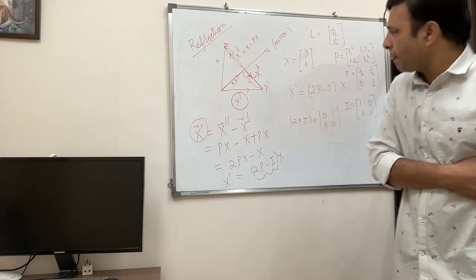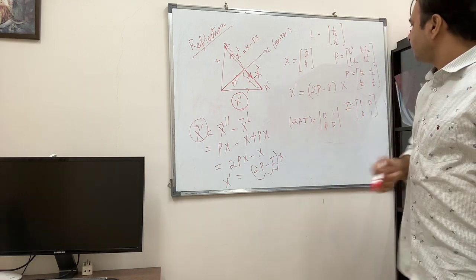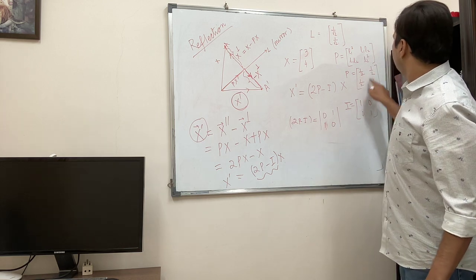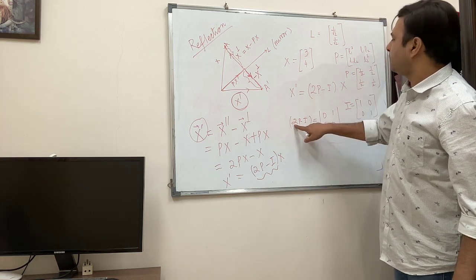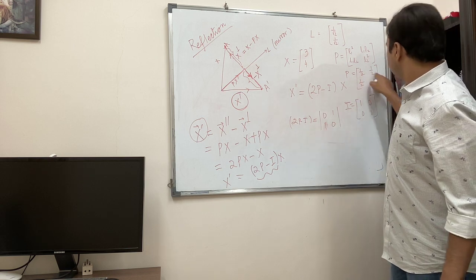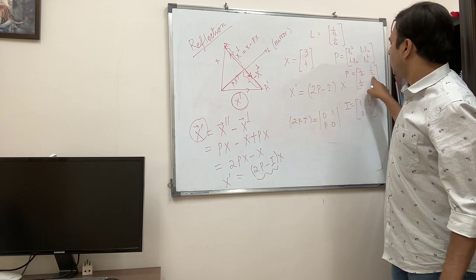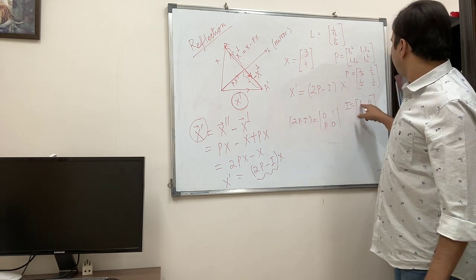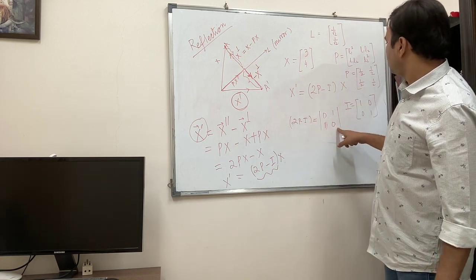Do we see that? If you do 2p, it will be 1, 1, 1, 1. If you multiply a matrix by a number, everything gets multiplied by that number. So 2 times p, everything is 1. And if I subtract I from there, I has got 1 here and here, so those terms will become 0.